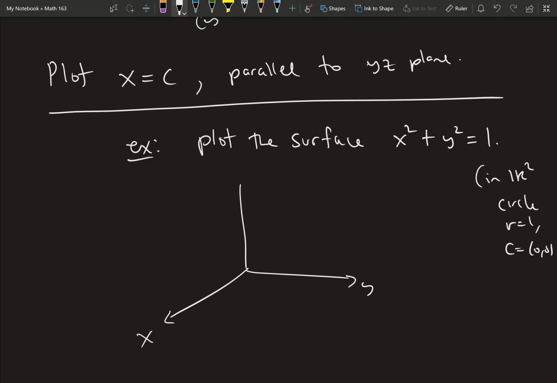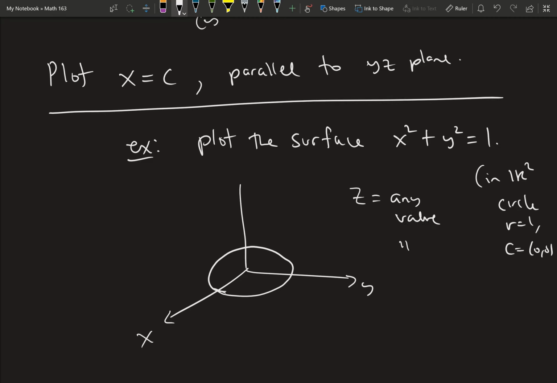But in R3, well, we still are going to include that. So we're going to get the circle here sitting on the xy plane. But then z, this allows z to be any value you like.